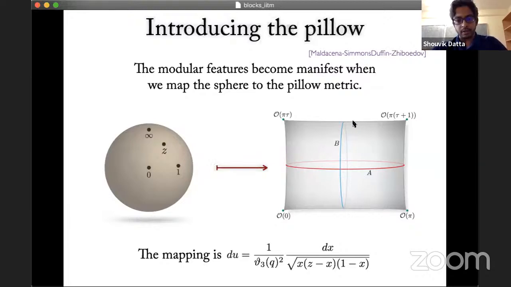So the pillow metric is given by an orbifold of the torus, and the explicit mapping is given by this, where x over here are the coordinates on the plane, and u over here are the coordinates on the pillow. And this is a normalization so that you have the lengths of the cycle to be 2 pi. So just like the torus, over here also, you have got 2 cycles.